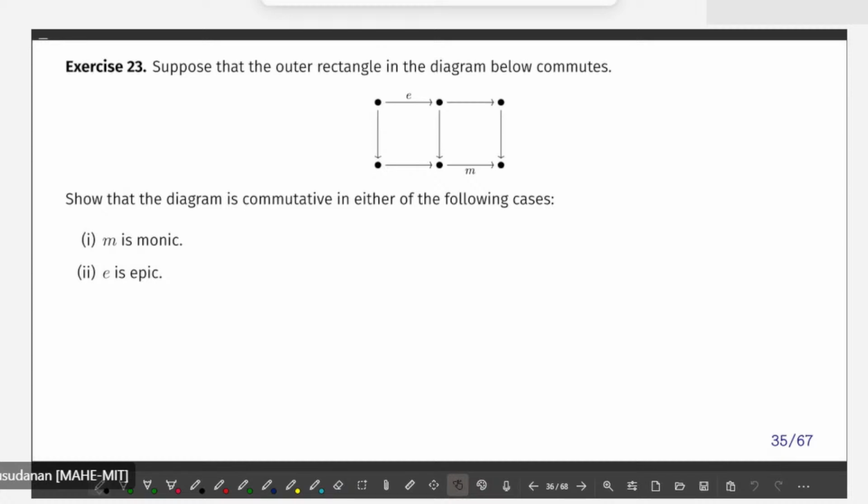So now in this diagram, which is one of the diagrams we saw before, it is given that the outer rectangle commutes, not that the 2 inner squares commute. It is given that the outer rectangle commutes. Then, yeah, you have to show that the diagram commutes if either A is an epimorphism or M is a monomorphism. So each case separately.